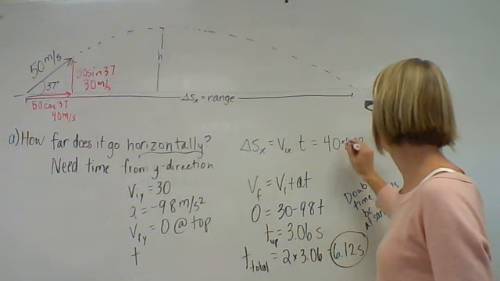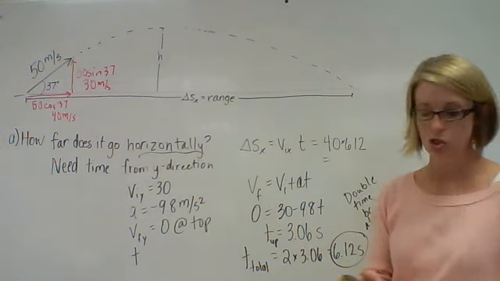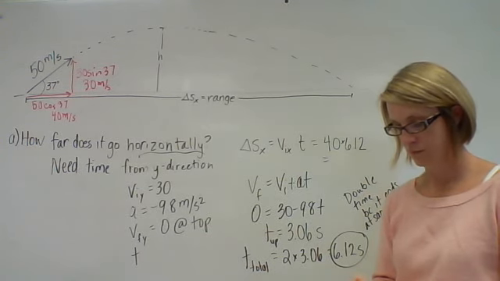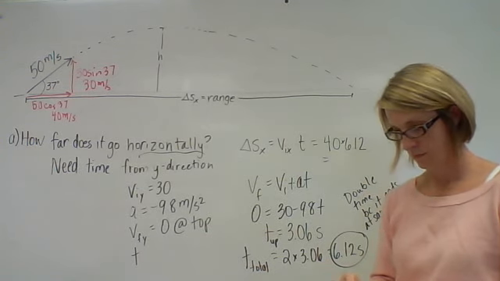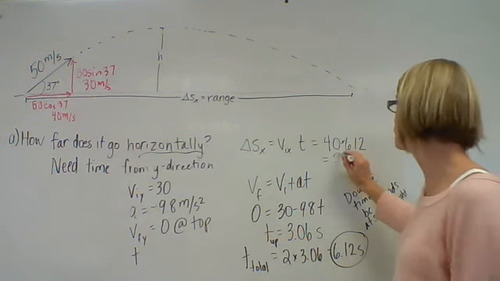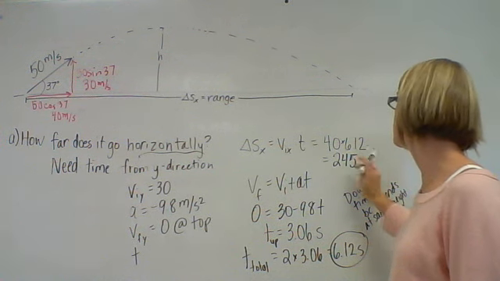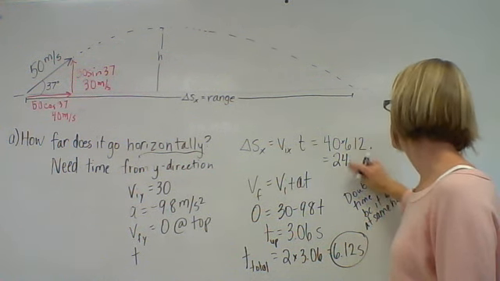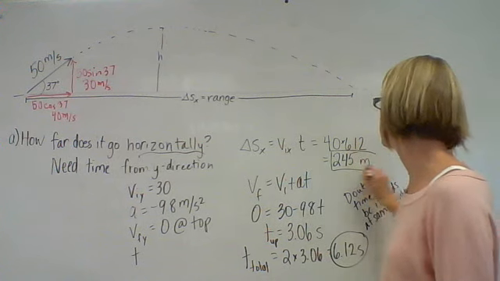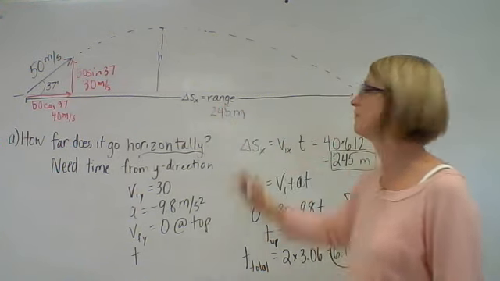And we're going to multiply 40 times 6.12 to get 244.8. Let's round it to 245. And that's a distance, so its units are meters. 245 meters is how far it goes in the x direction.